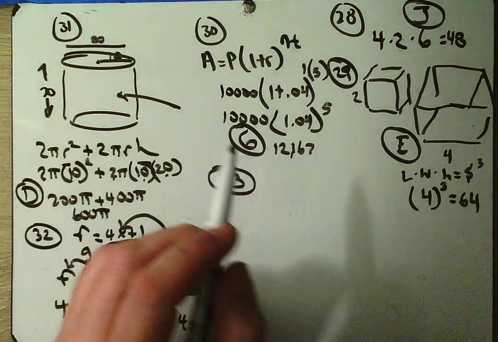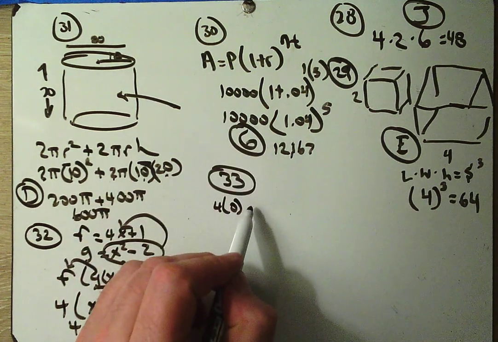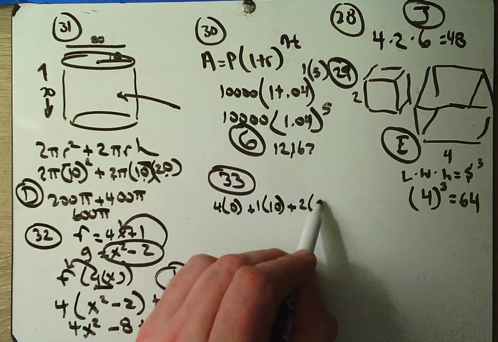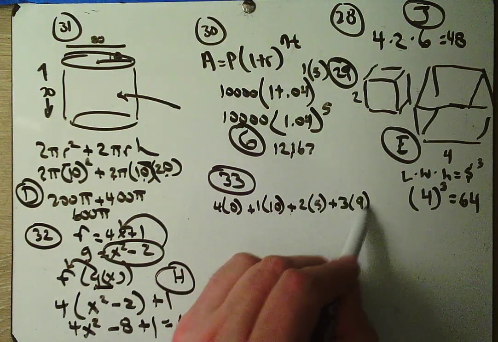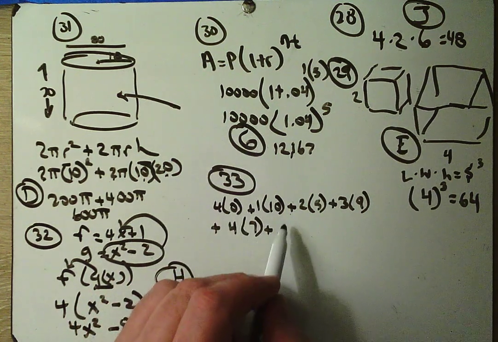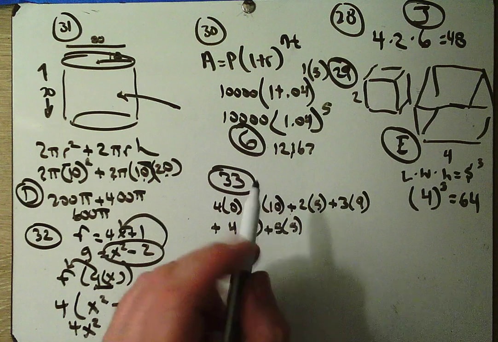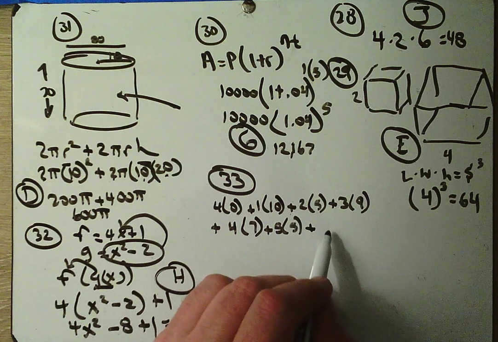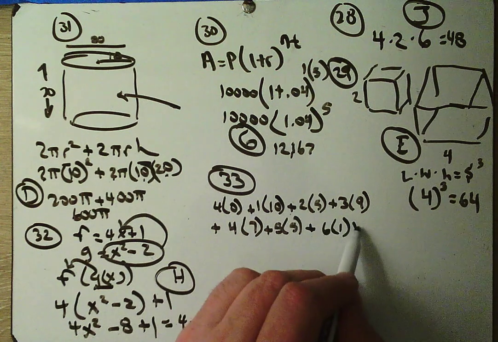All right, so I need to compute 4 matches with 0, and 1 match with 10, and 2 matches with 5, and 3 matches with 9, and 4 matches with 7, and 5 matches with 5, and there was 1 match with 6, and there were 2 matches with 7.